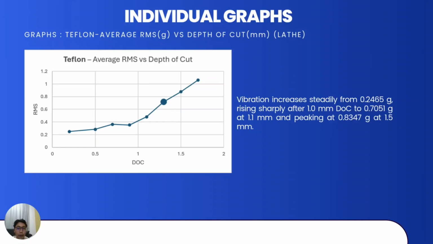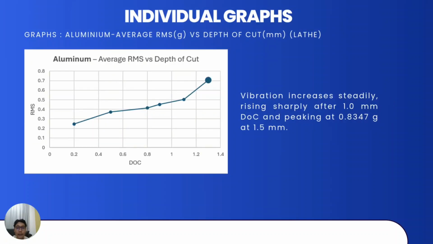We see that the Teflon has a steady climb from 0.2465 g, and then spikes sharply past 1.0 mm DOC to cross the threshold at 1.1 mm, eventually peaking at 0.8347 g. And the aluminium follows an identical climb pattern, increasing steadily before rising sharply after 1.0 mm DOC to peak similarly to Teflon.